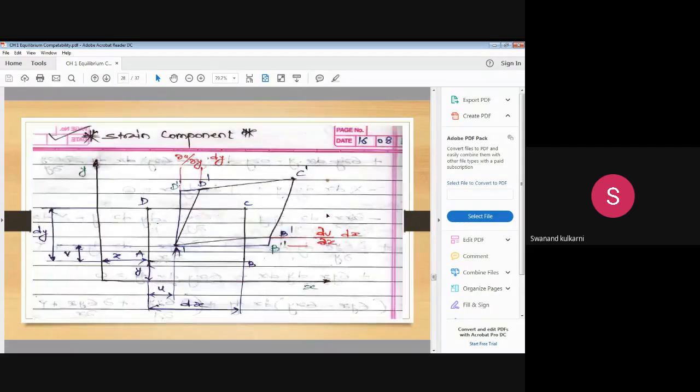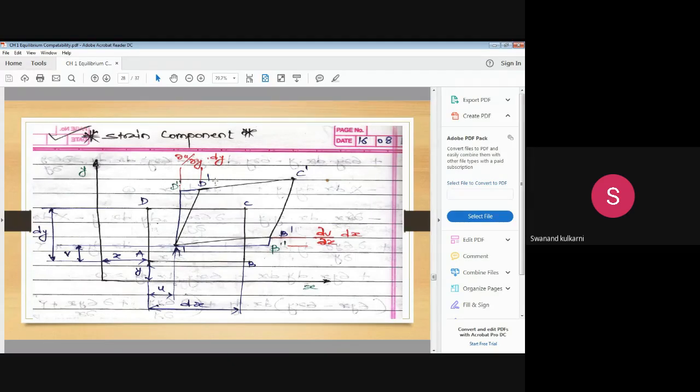Is it okay? A dash, B dash, C dash, D dash is the shape of the specimen which we have considered. Earlier it was A, B, C, D, and after application of force the deformation happened, and that small deformed body element is considered to be A dash, B dash, C dash, D dash.